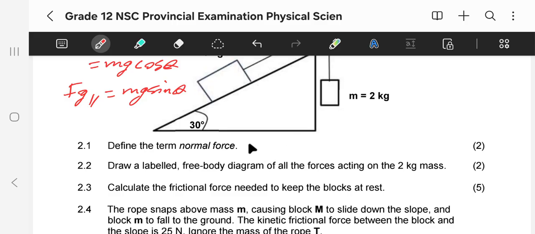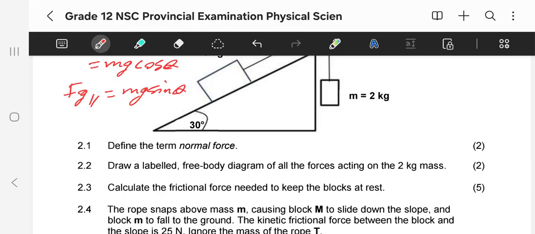That's how we define normal force. I can't write it, but if you want to write it, check your exam guideline. Also, just pause the video and write it as I say it, please.